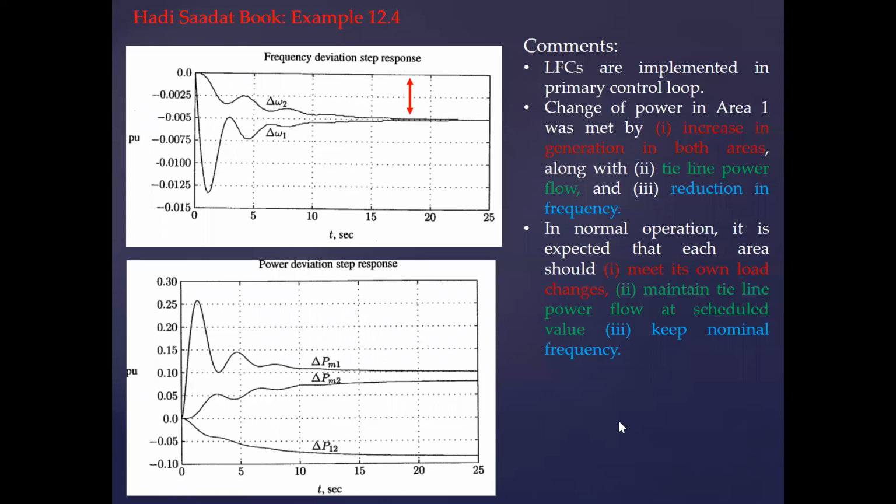So as we discussed with this example, with the load change applied in area 1, the frequency deviations in the two areas have different profiles, but since the system is interconnected, we get a common frequency at steady state condition.